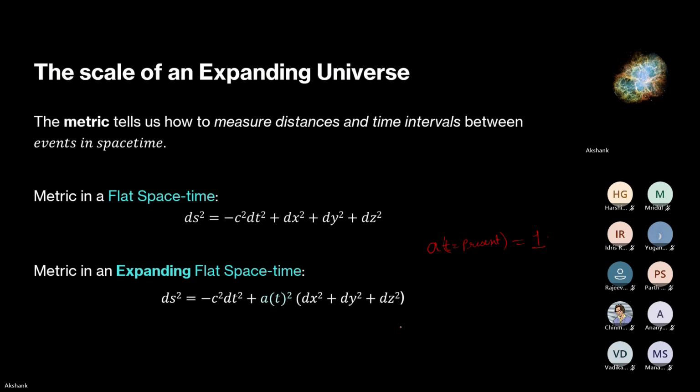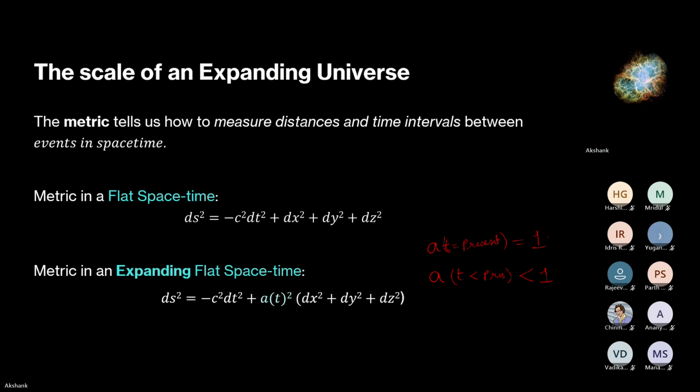So today the scale factor is 1, and in the past, t less than present, it would have been less than 1 because the universe was smaller. The scale of the universe is smaller, and now it is increasing. So if today it is 1, in the past it would have been less than 1, and in the future it will increase above 1.